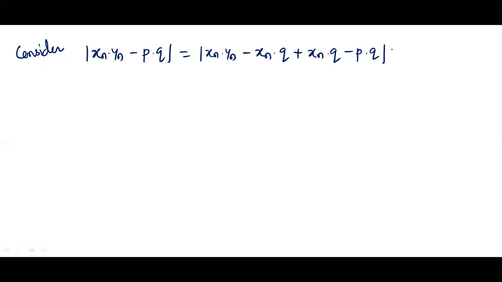I have added and subtracted a term xn into q, so its value remains same. From first two terms, take xn common. We will get xn into yn minus q. And from third and fourth term, take q common. We will get q into xn minus p.